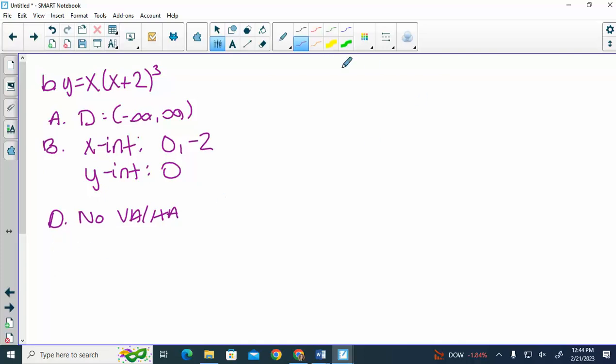So then we need the increasing, decreasing. So we need our derivative. So the derivative of the first is 1 times the second plus the first times the derivative of the second. So 3 comes down, inside stays the same, subtract 1 from the power, times the derivative of the inside, which is just 1. So if you notice, we have two terms.